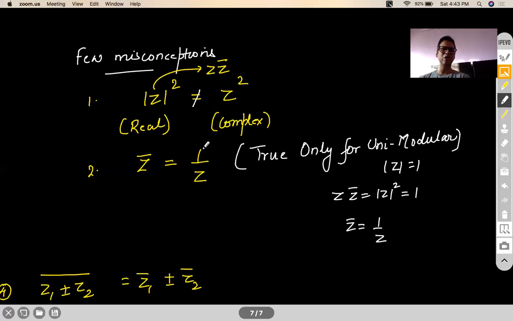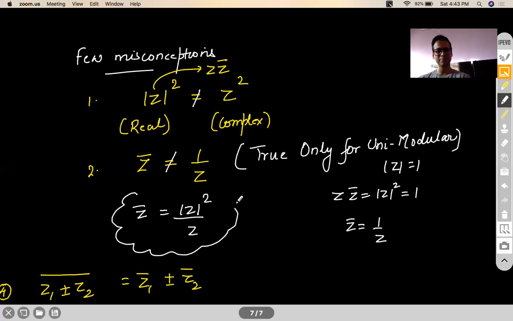So this is not always true. This is true only when it is unimodular. So what is the correct form of it? This is nothing but mod z square by z. This is the correct form. Please do not make such mistakes. In the previous few classes with the other batch, I was seeing people making this mistake. So here, z conjugate is mod z square by z. This is the correct form.